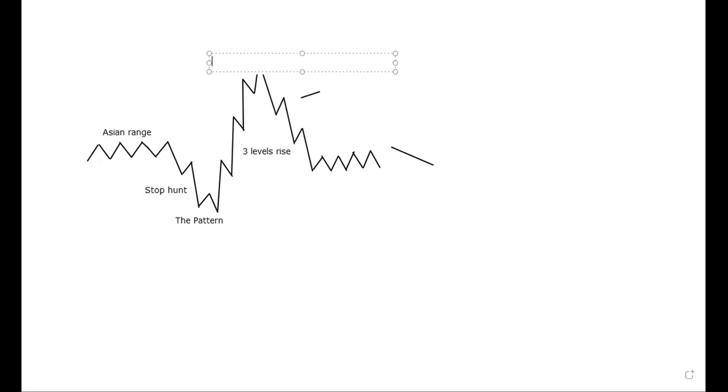Then we have New York three levels of drop. Then we have the consolidation phase.